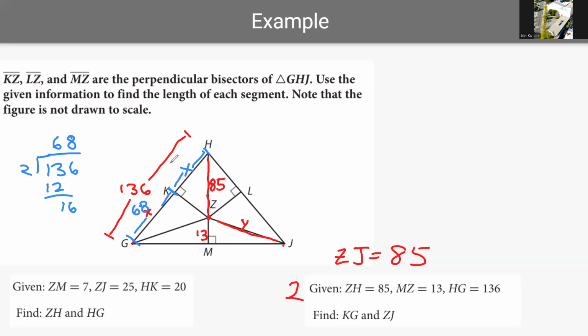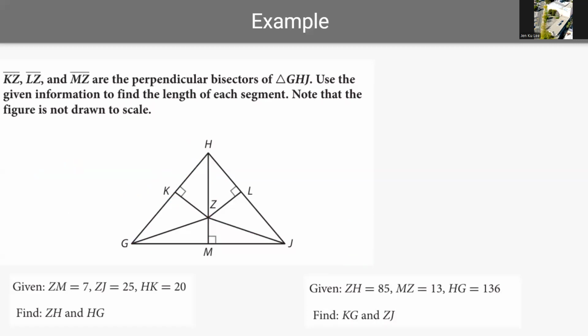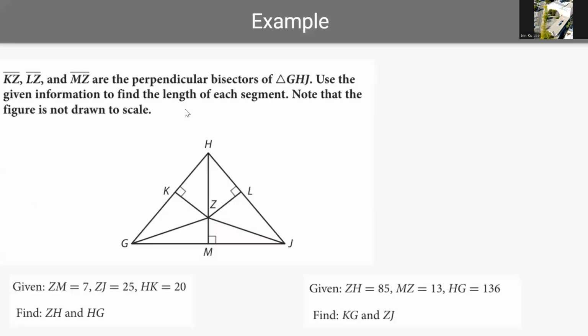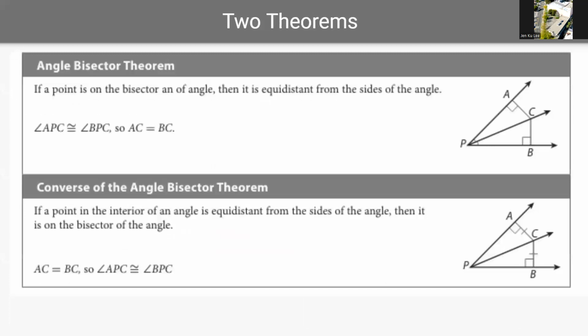This is 68, and this is 68. Okay? So KG is equal to 68. All right? Cool. Simple so far? That's your first big theorem, okay? The circumcenter theorem. All right? So here's 2 other theorems based off of the angles.